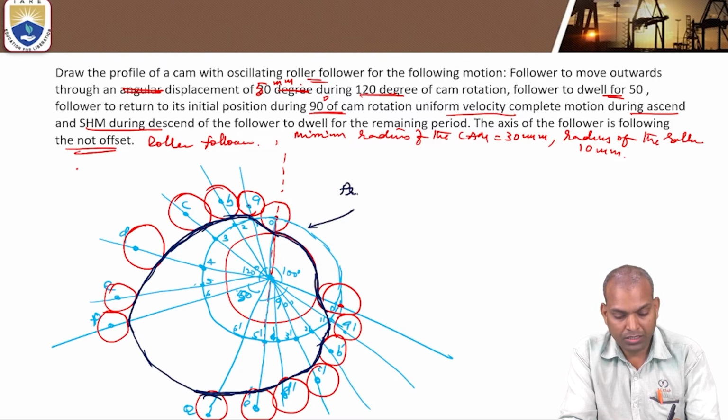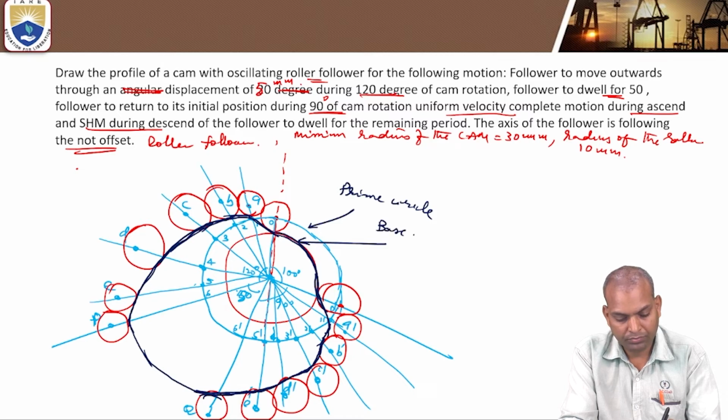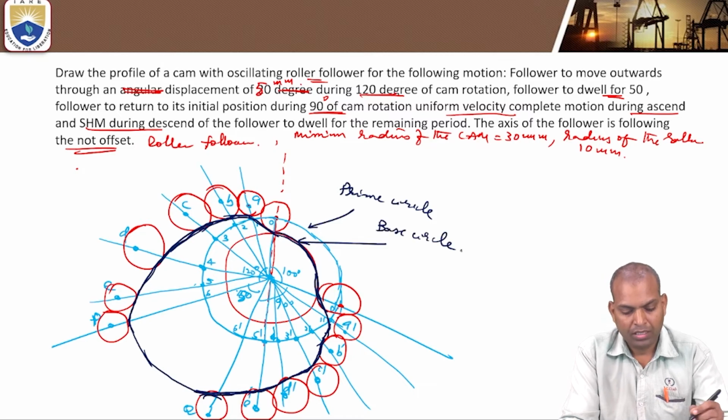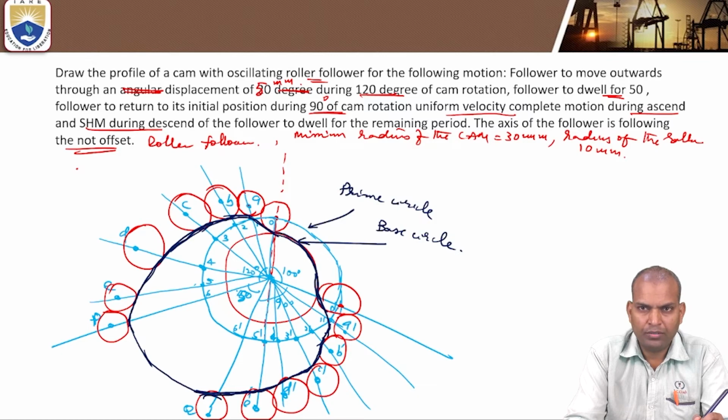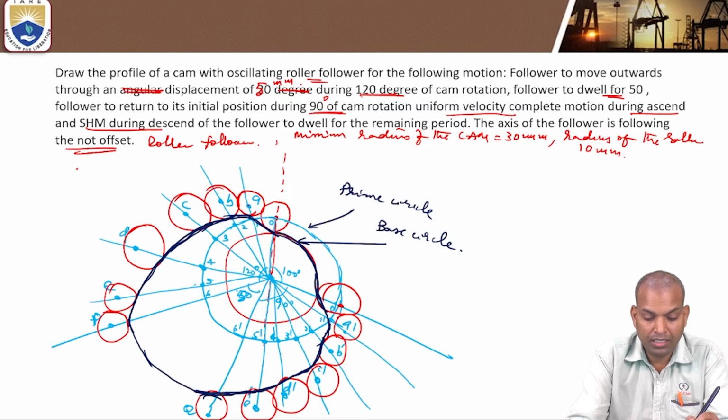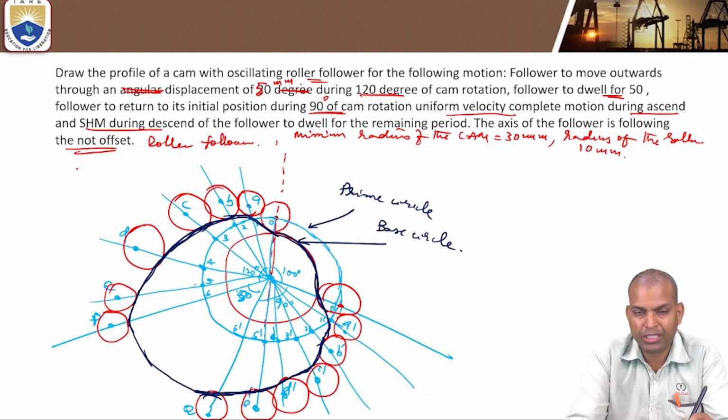This is the prime circle, and this is the base circle. In the case of knife edge follower, the base circle and prime circle are both the same. Here the prime circle is larger than the base circle, and the radius of the prime circle is equal to the radius of the base circle plus the radius of the roller.